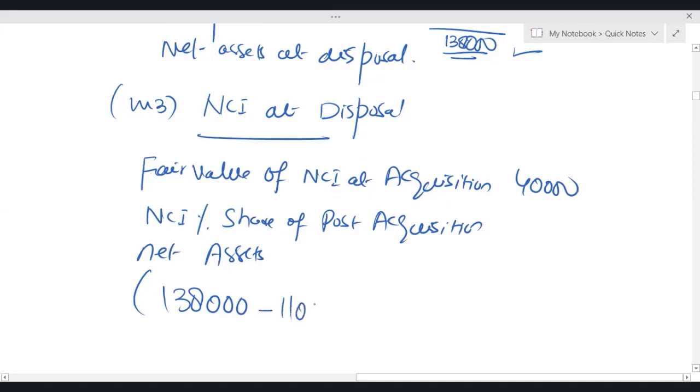At acquisition, the examiner has given us 1,10,000. Parent's holding is 70%, so obviously NCI holding is 30%. So 1,38,000 minus 110, the difference is 28,000. 30% of 28,000 is 8,400. So NCI at disposal is 48,400.